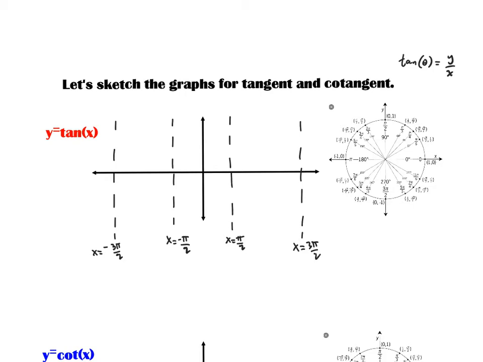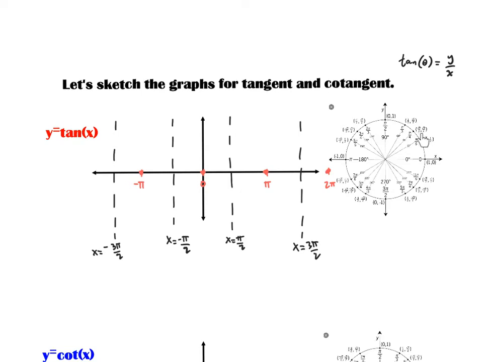Now we said at each of the pi locations, so 0 and pi and negative pi, and then again out here at 2 pi and on forever, we would get outputs of 0. Okay, now let's look at pi over 4. So at 45 degrees, I would have a y value and an x value that are equal.